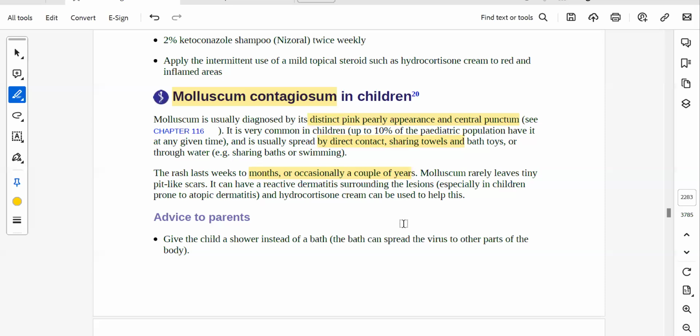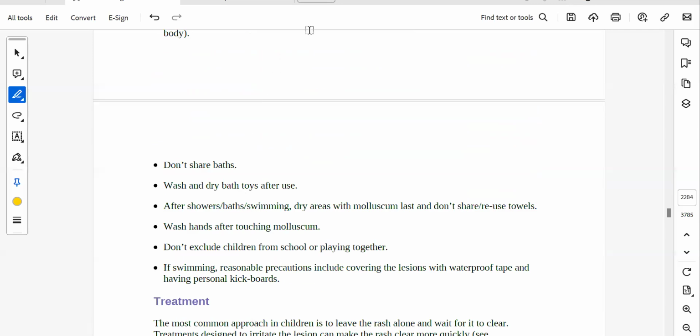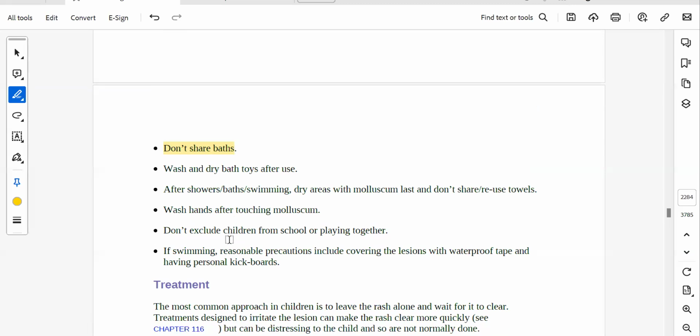It can last for years. So nothing you actually need to do about it. Reassure the parents that it is fine, but advise not to share bath, not to share pool or any common baths, because using the shower or the common pool or baths, it can spread to other children. But there is no need of excluding the children from school or playing together, because you can't exclude a child for a year, right?